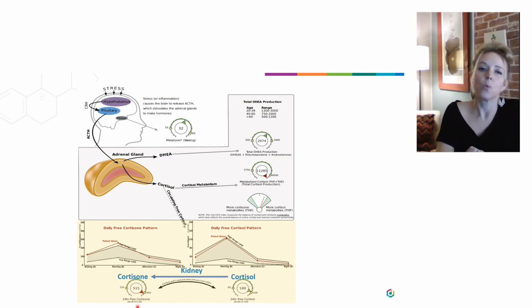When we're looking at cortisol conversion to cortisone, what the kidney needs cortisol for is really electrolyte balance, blood volume needs and blood pressure needs. So cortisol's conversion to cortisone there is going to be very much dependent on that.